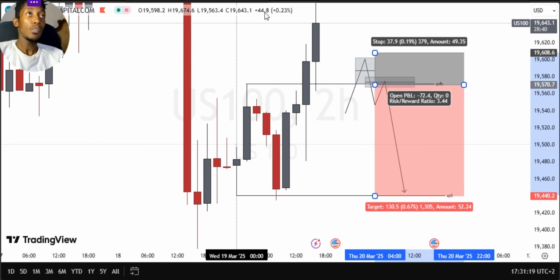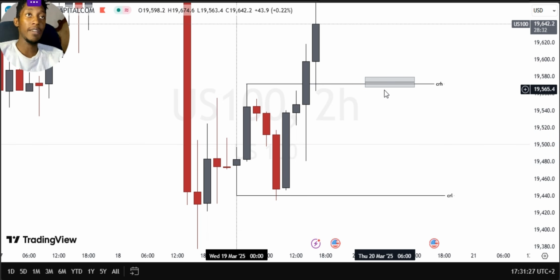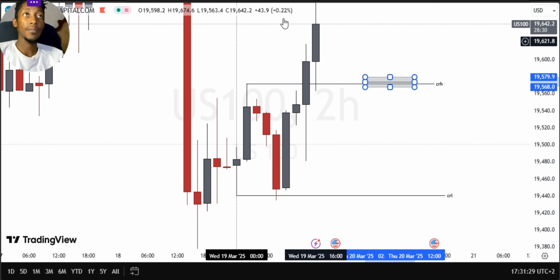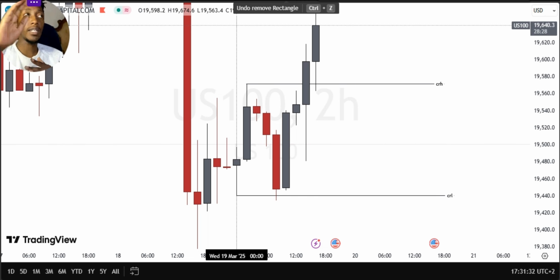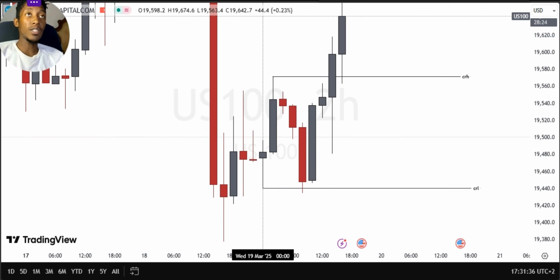But now here we got something that's different. On this model that we are having here on the chart, look at the live chart. The market distributed to the upside. Instead of the market sweeping the CRH, it took out the CR low here.